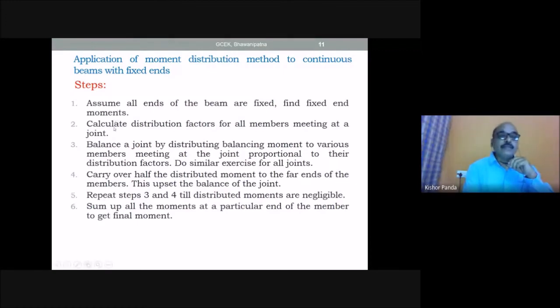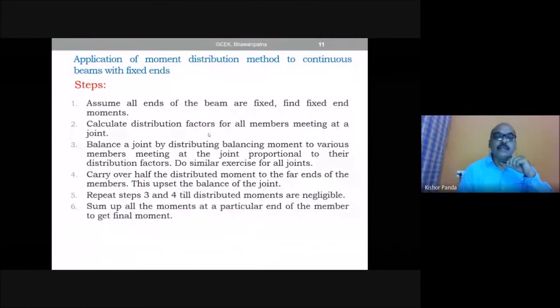Then the second step, calculate the distribution factor for all members meeting at a joint. For this distribution factor, first you have to find the relative stiffness of each member. Then after getting the relative stiffness of all members, you have to find the relative stiffness of the joints.